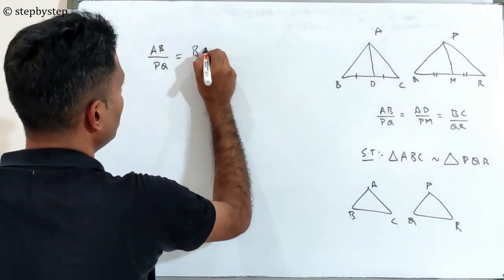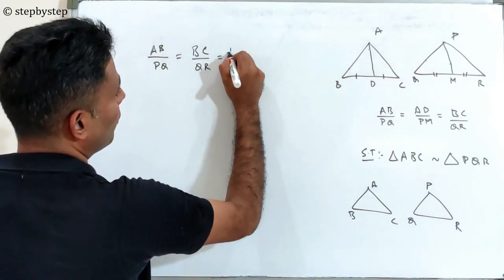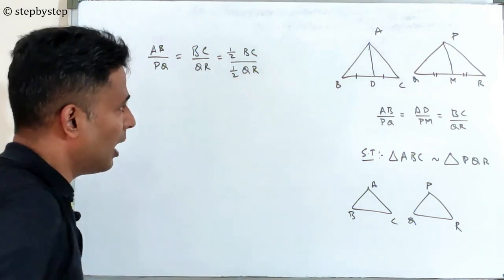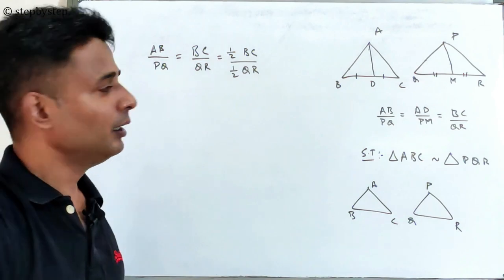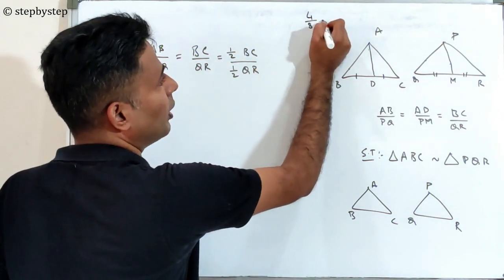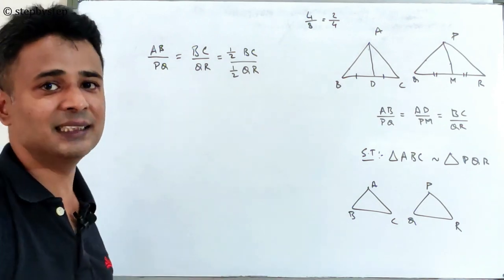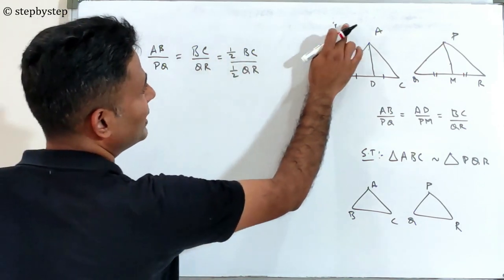They have given us BC by QR, right? Which means it will also be equal to half of BC by half of QR, right? Half of two things, like for example, if I tell you 4 by 8 will also be equal to 2 by 4, right? The ratio remains the same. So we get is equal to half of BC by QR.